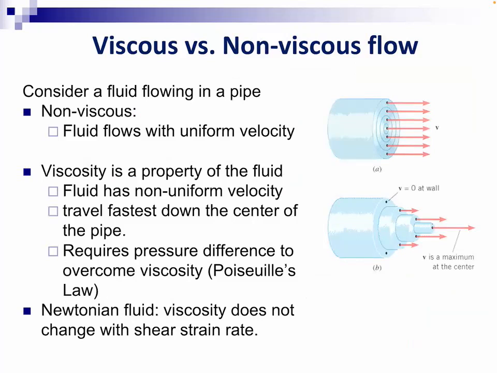So this figure here shows you that the fluid flows all together with uniform velocity, but with viscous fluids, it's more difficult for the fluid to flow, and at the same time, the velocity is non-uniform. In fact, in the middle, the fluid will flow faster. Okay.